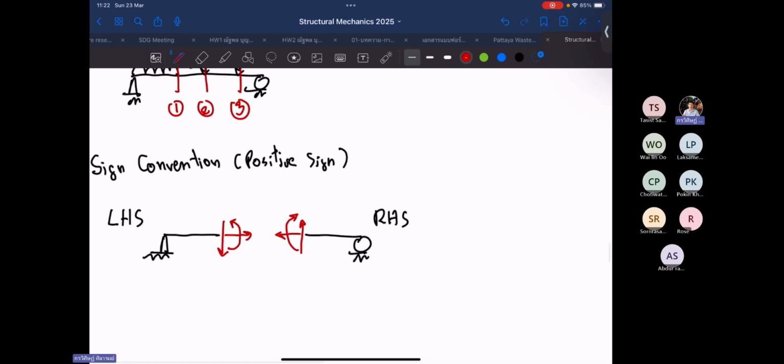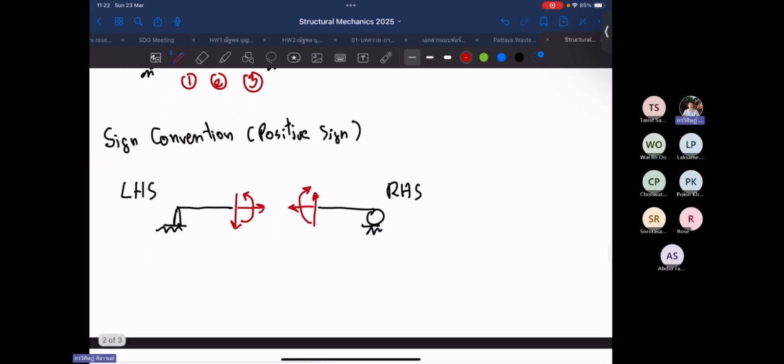The reason behind this one is quite simple, because most of the time the load on the beam will be like this condition, the uniformly distributed load all over the beam. So beams often bend like this, deform like this.